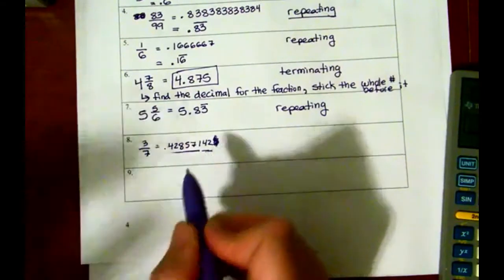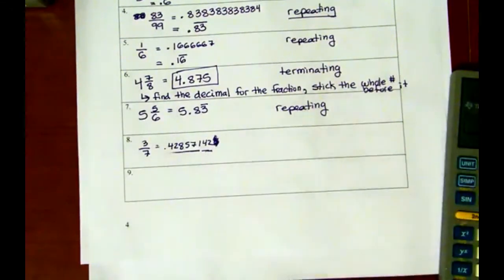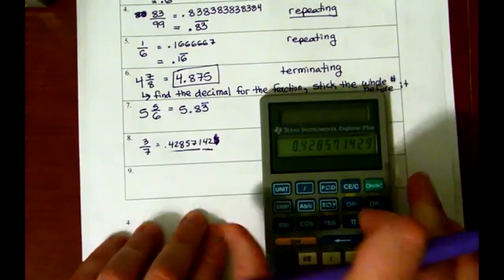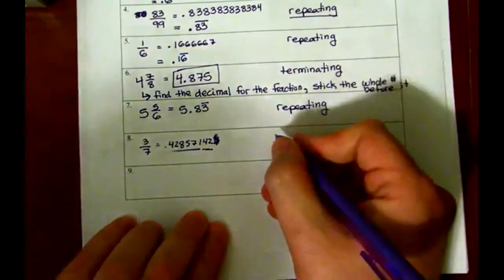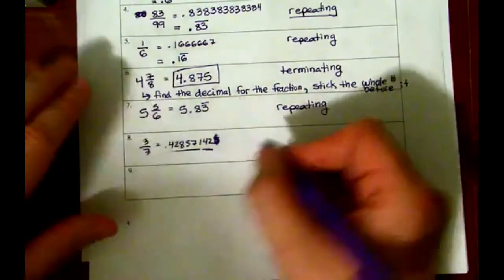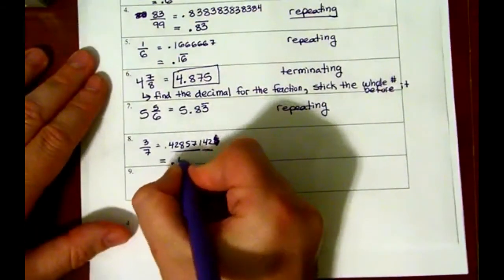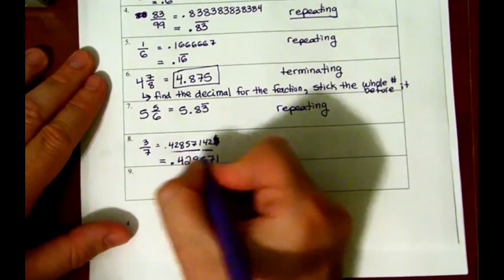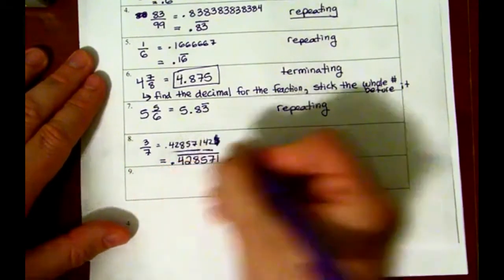We didn't really see the whole thing repeat, but if our calculator went on beyond that many spaces, we would see it repeat. I'll show you that in just a moment. First of all, I'm going to call this repeating, and I'm going to write it like this.